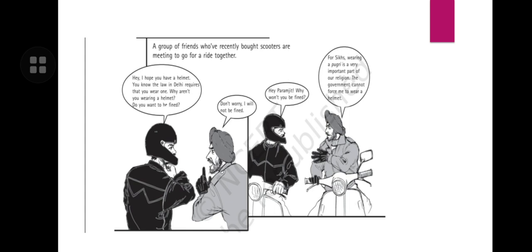So the government cannot force them to wear a helmet. Okay, so it is just to respect the sentiments of religious communities. Government sometimes goes ahead with certain exceptions, right?